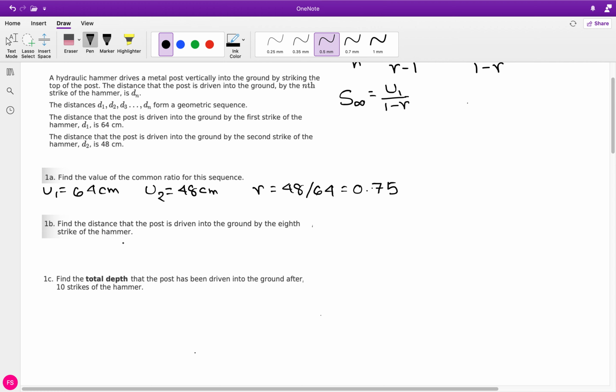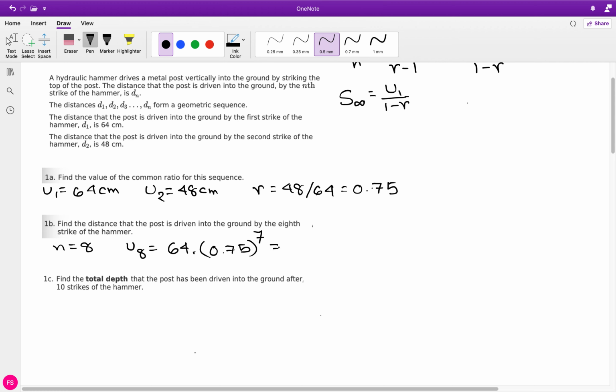Find the distance that the post is driven into the ground by the 8th strike of the hammer. That means n is 8 in this case, and we have to find the distance. These are the terms, so they want us to find the 8th term of the sequence. u8 equals u1, which is 64 centimeter, times the common ratio 0.75 to the power of n minus 1. n is 8, so I'm just going to write 7.